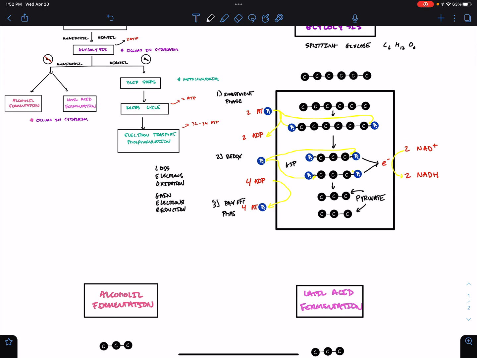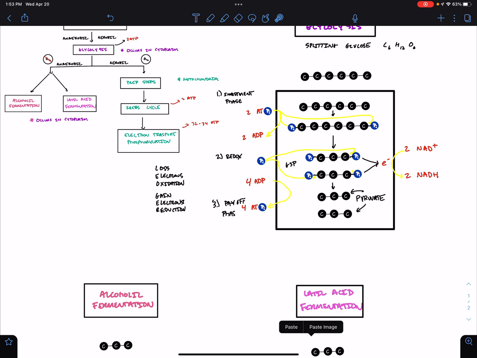We entered with 1 6-carbon compound called glucose, and we ended up with 2 3-carbon compounds called pyruvate. We spent 2 ATP, and we got out 4 ATP and 2 NADH.